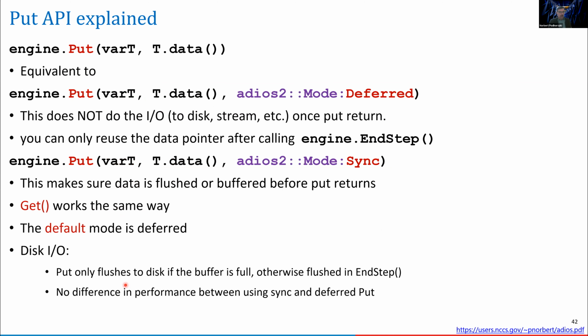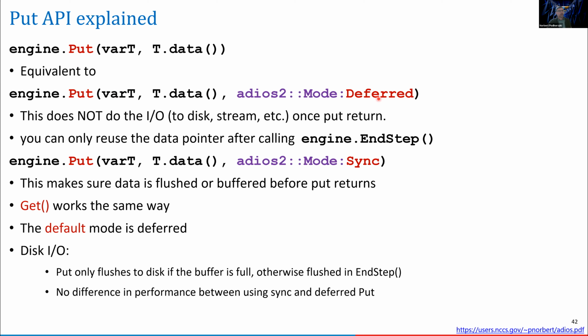Okay, so I have to explain the put function because this is the single most dangerous function or concept that we added, and most of the bugs originate from here. So what we decided long ago is that the engine put function works in a deferred mode. So put, a variable object, a pointer, and mode deferred.